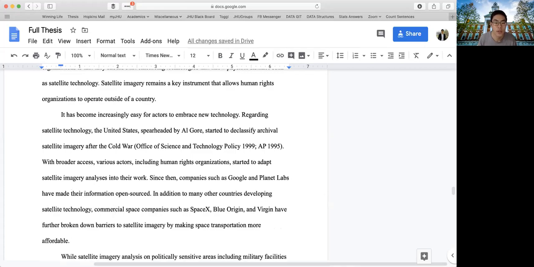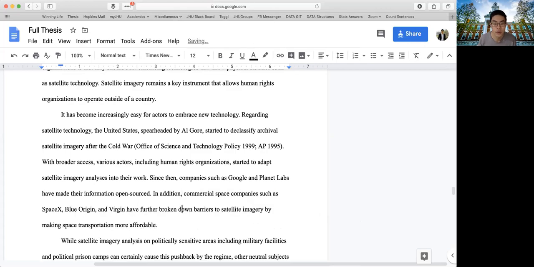In addition to many other countries, commercial space companies such as SpaceX have further increased access by making space transportation more affordable.